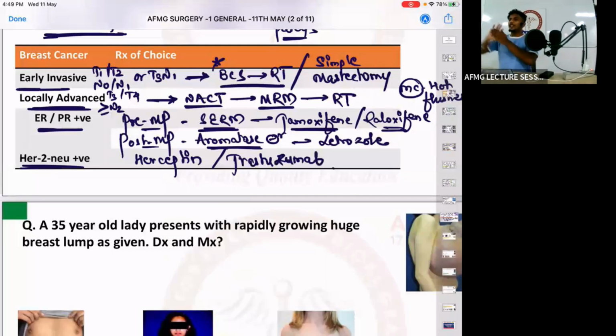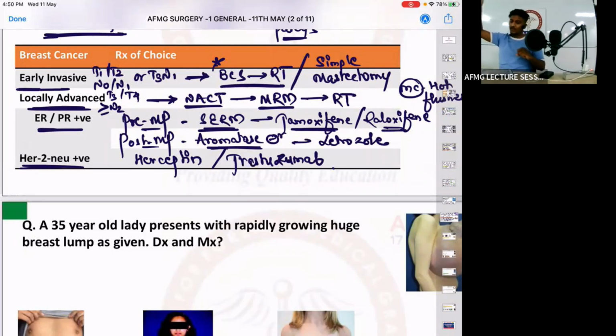So HER2/neu positive: Herceptin or trastuzumab. ER/PR positive post-menopausal female: aromatase inhibitors. ER/PR positive premenopausal female: selective estrogen receptor modulators like tamoxifen and raloxifene.